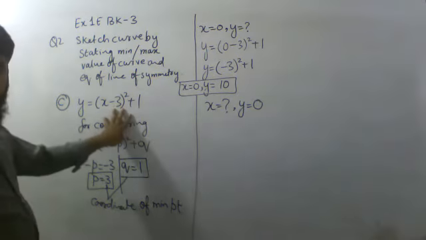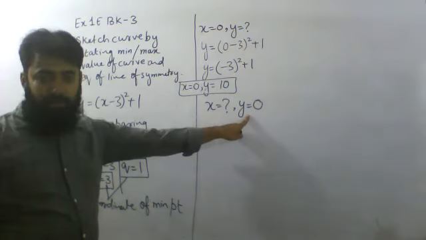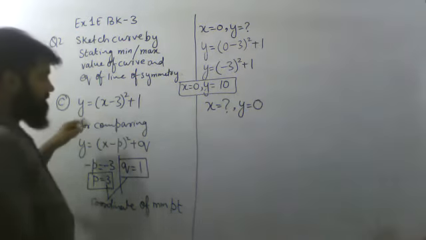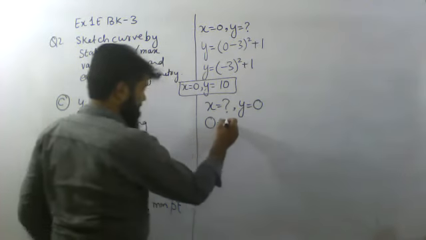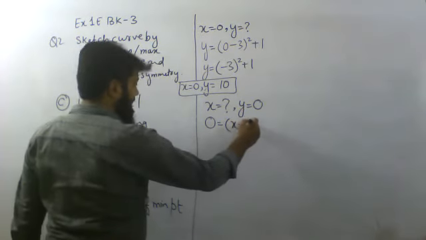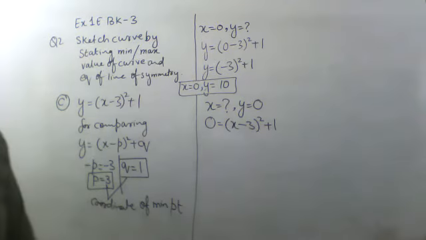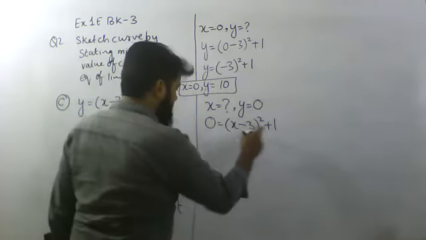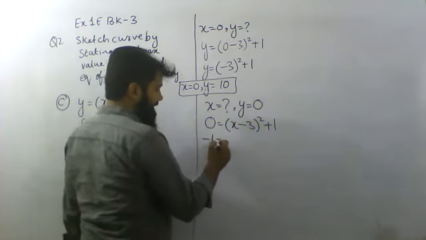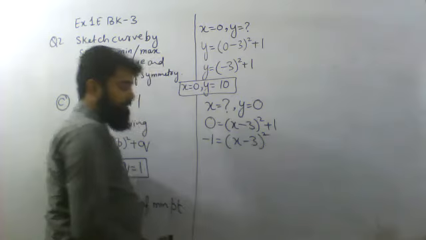So now, in this equation I am going to put y equals 0. So 0 equals (x minus 3) whole squared plus 1. Plus 1 shifted over becomes minus 1, so (x minus 3) whole squared equals minus 1.